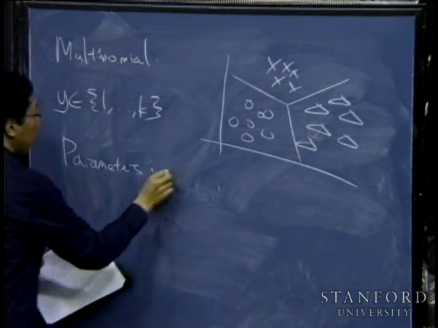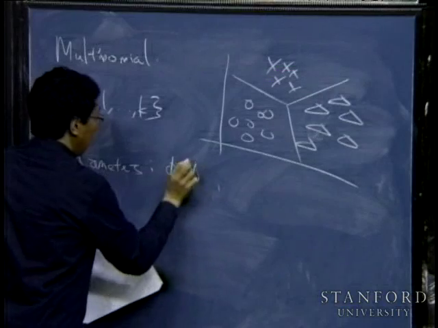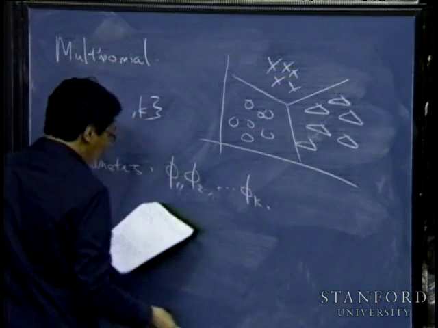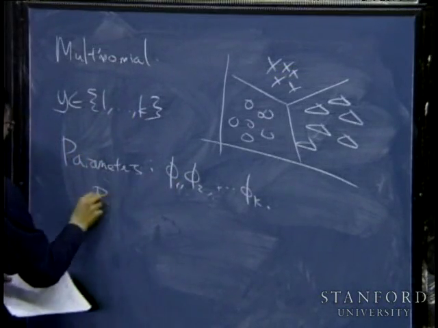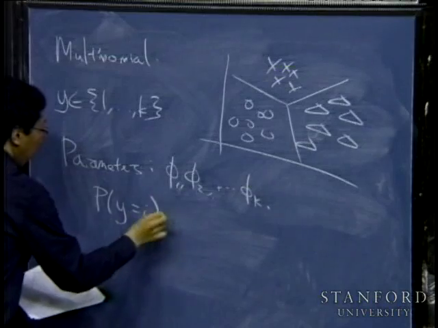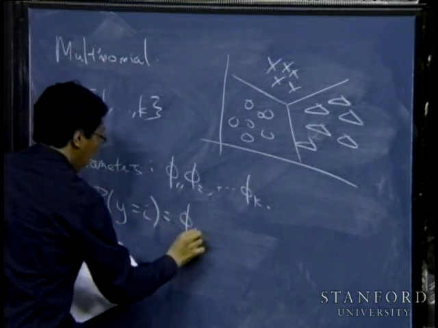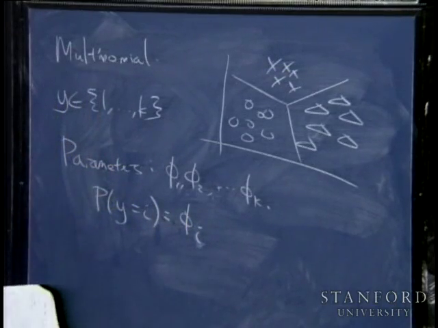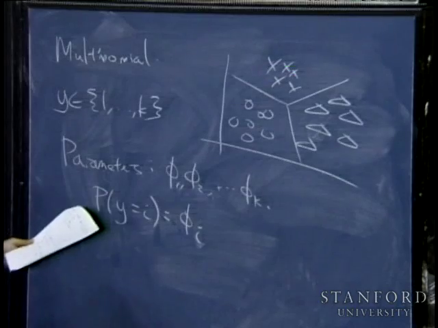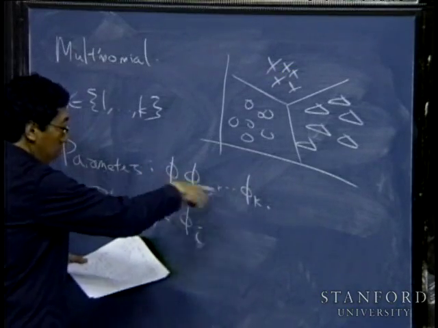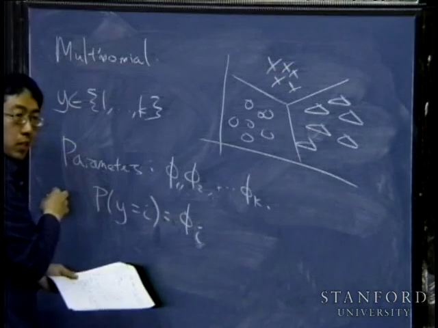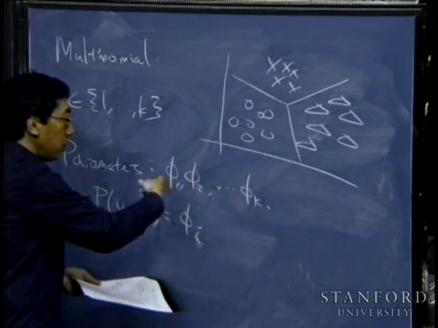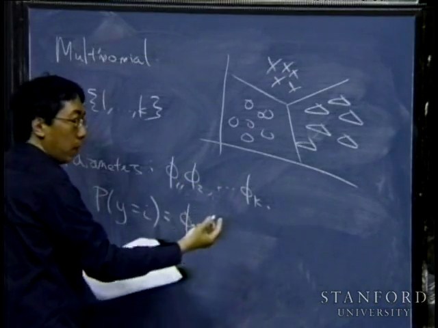So the parameters of a multinomial are phi 1, phi 2, up to phi k, where the probability of y equals i is phi i, right? Because there are now k possible outcomes. But if I choose this as my parameterization of the multinomial, then my parameters are actually redundant, because if these are probabilities, then they have to sum up to 1.